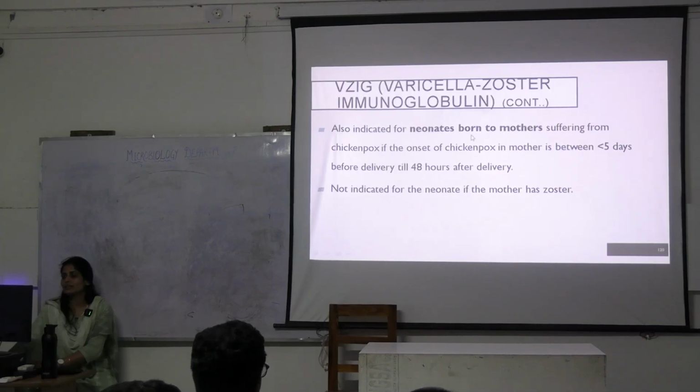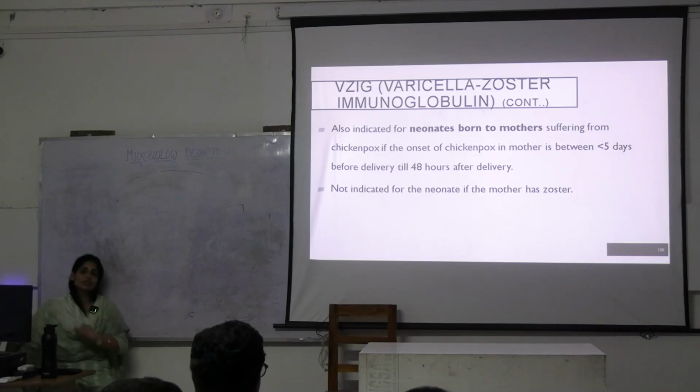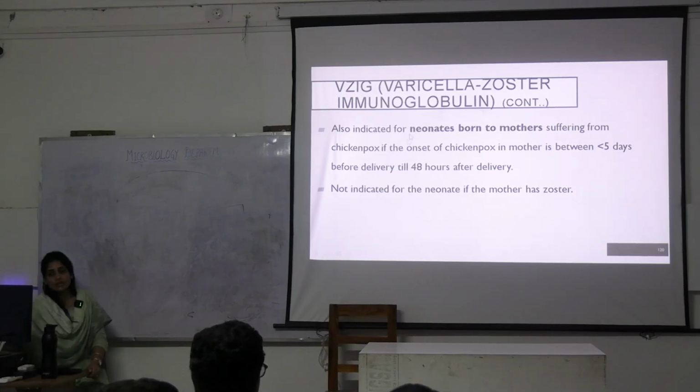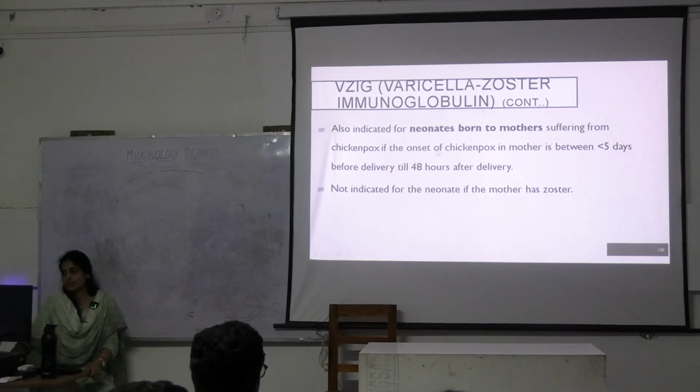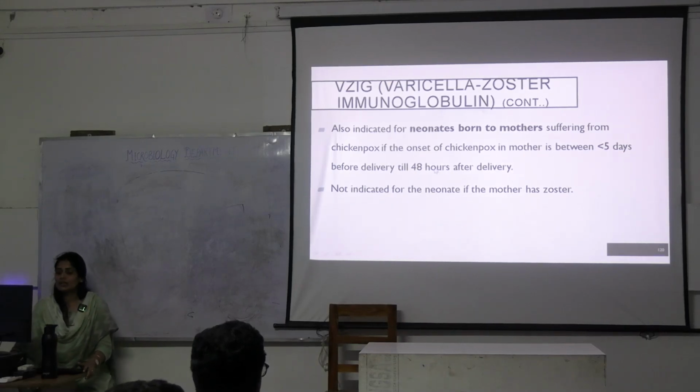And in case the mother has developed chickenpox within 5 days before delivery, or within 48 hours after, you will give this neonate IVIG, otherwise it is not required. Why?